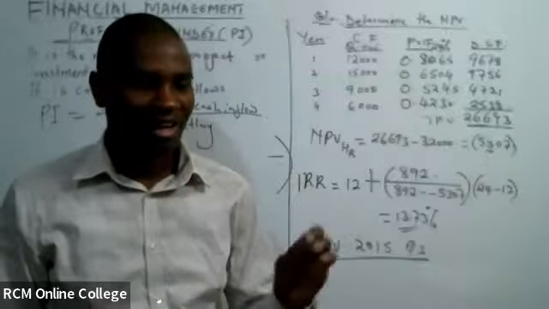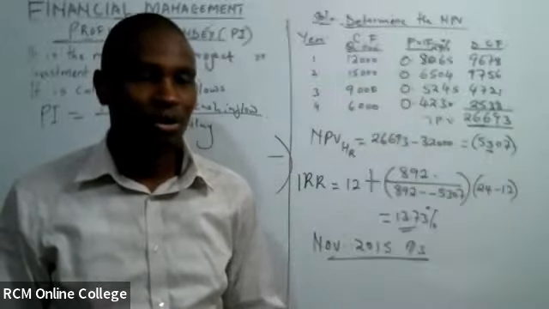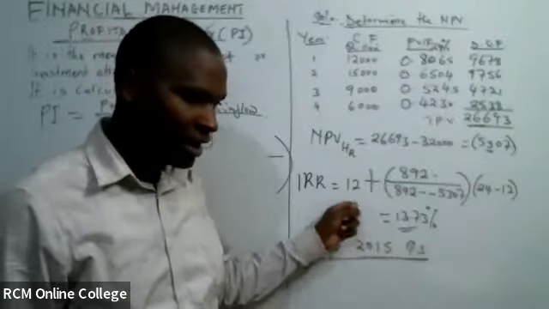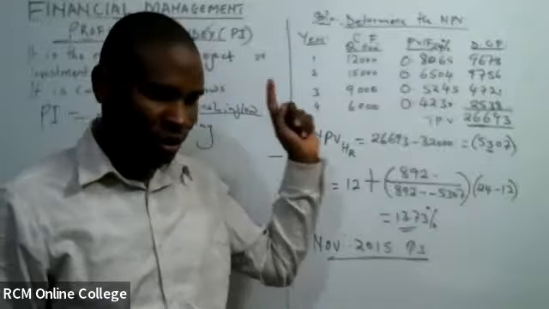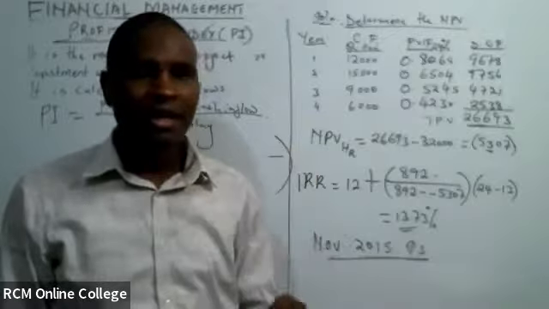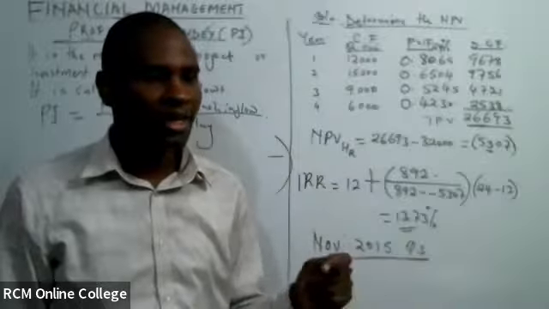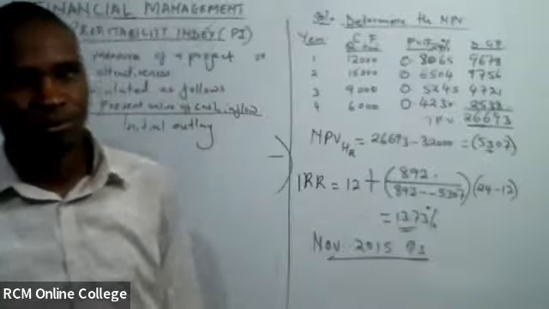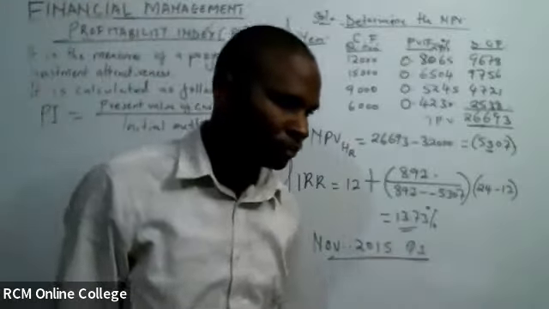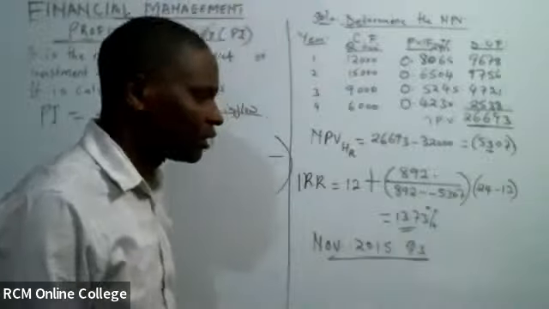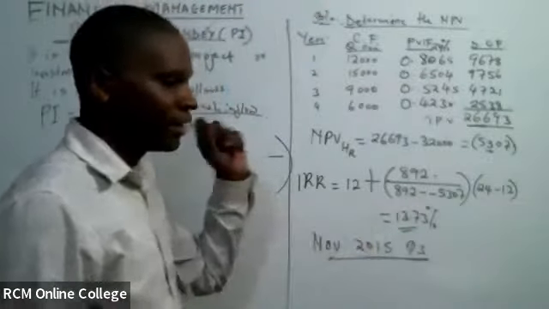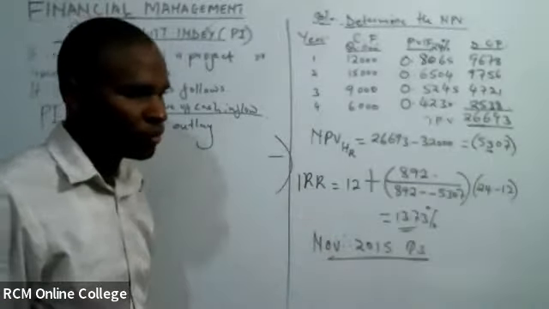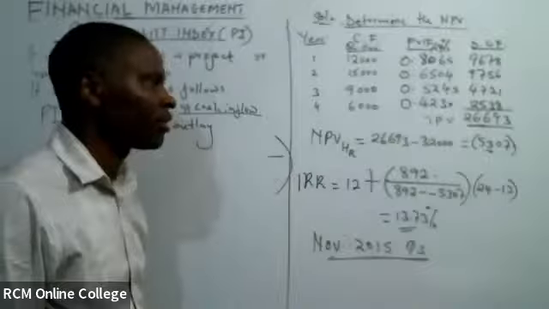Next point under IRR: if the IRR is less than the cost of capital, you reject the project. And the last one, if the IRR is equal to the cost of capital, you may accept the project.